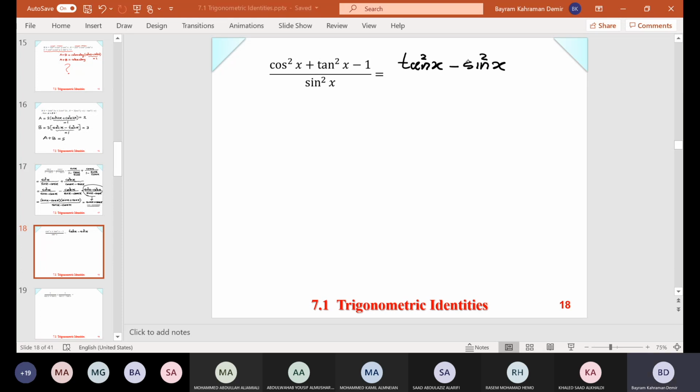And this is divided by sine squared. Let me write one more step, everybody. Sine squared x minus sine squared, over sine squared, is 1.